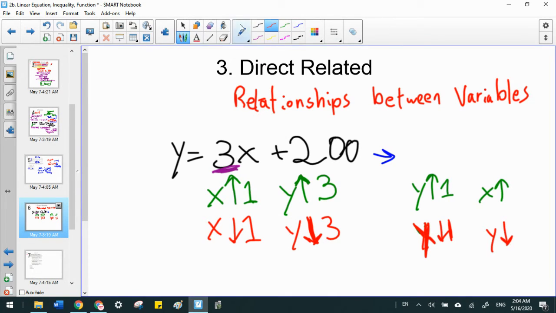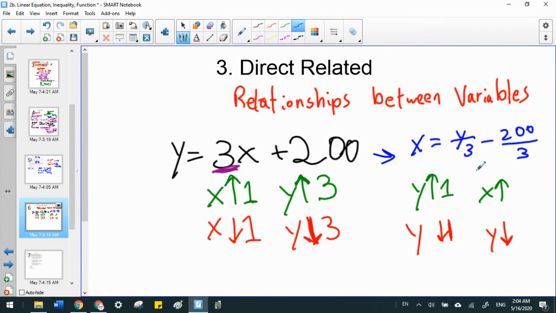And I will show you how to think about this. No doubt, I would expect that you are comfortable manipulating equations at this point. So if I were to minus 200 and then divide by 3 and try to isolate x, x would be equal to y over 3 minus 200 over 3.